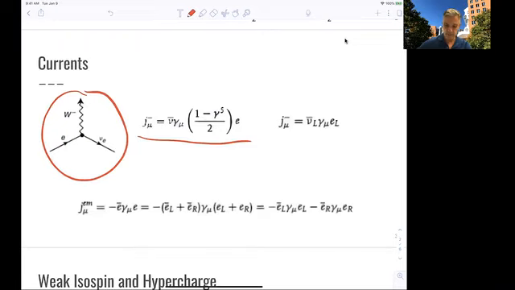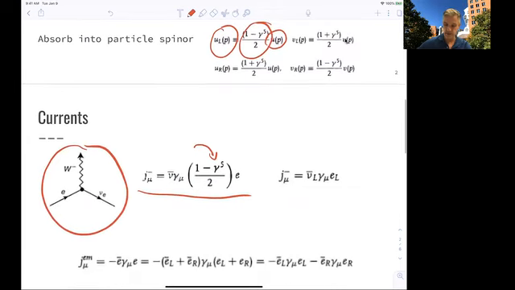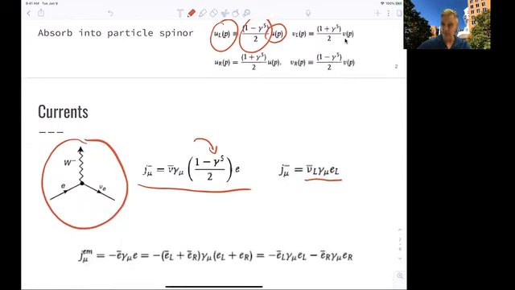Now, if we define our particles with gamma matrices, we find that this simplifies quite a bit, because we now find the current which can be simply written as a vector current. So we mitigated this quite nicely.